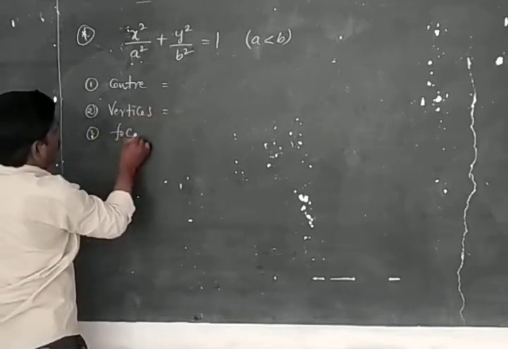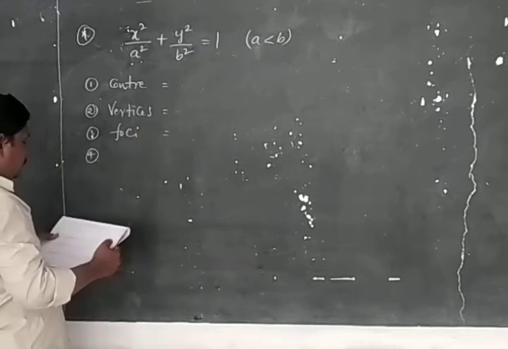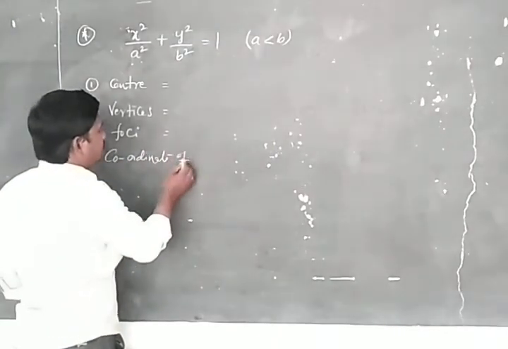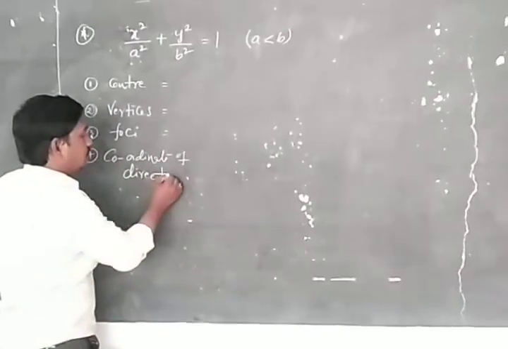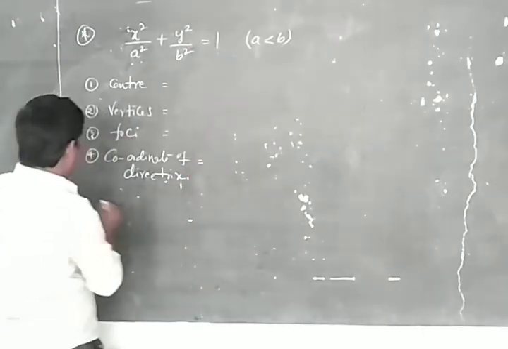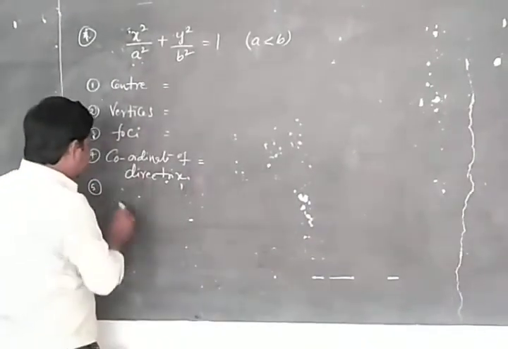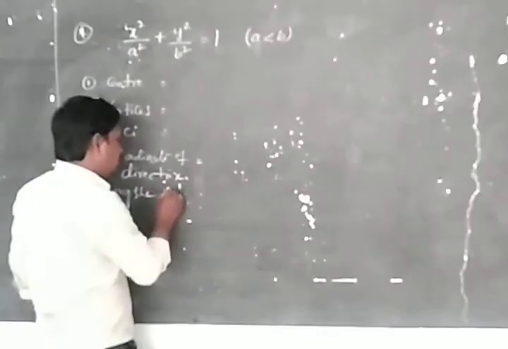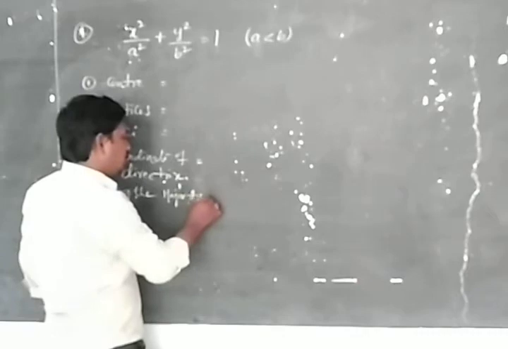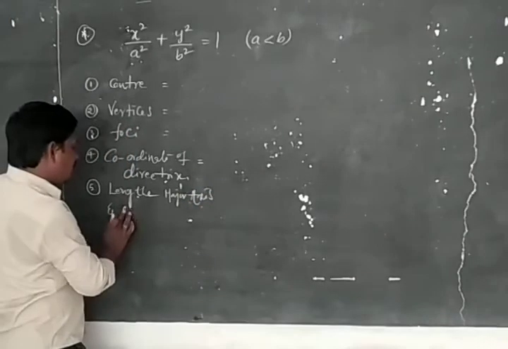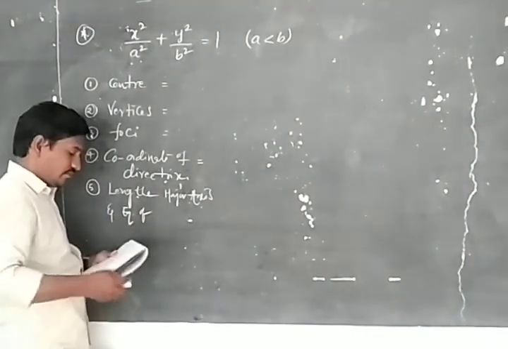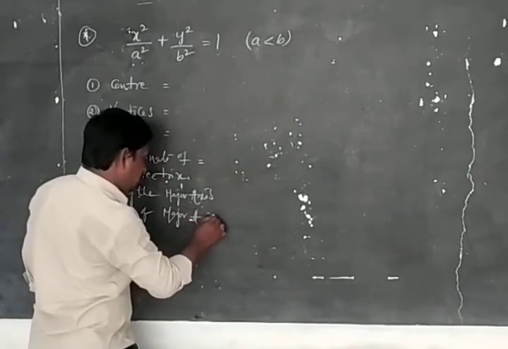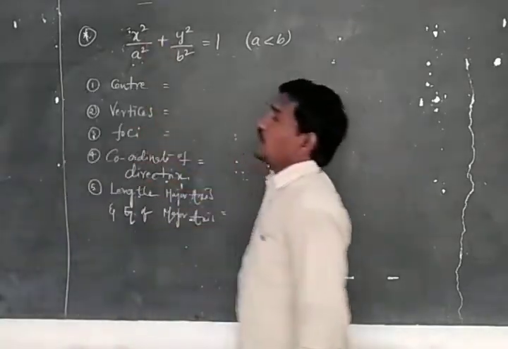Third one, foci, and fourth one, coordinates of directrix, and fifth one, length of major axis, and equation of major axis.